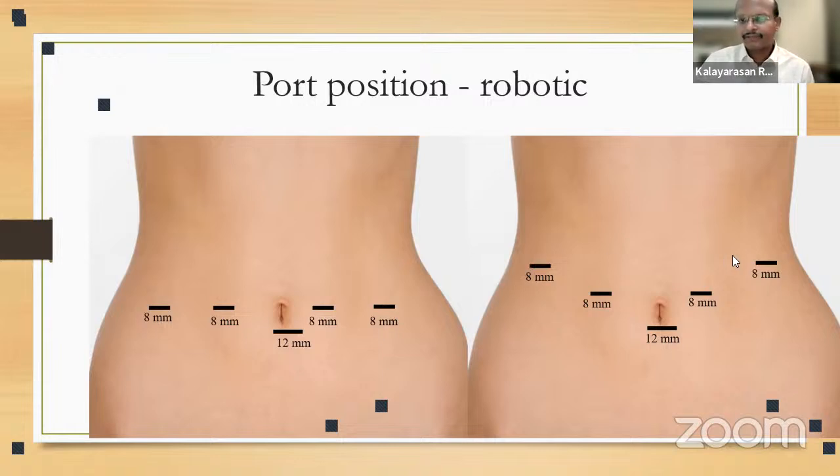When we do station 6 and 5, the harmonic will be coming from this arm. And when we use the harmonic for the other stations, that is station 7, 9, the harmonic will be coming from here. So that's why we place this higher up. This is an important thing you need to remember when you are placing the trocars for robotic gastrectomy, depending upon what type of energy device you are going to use.